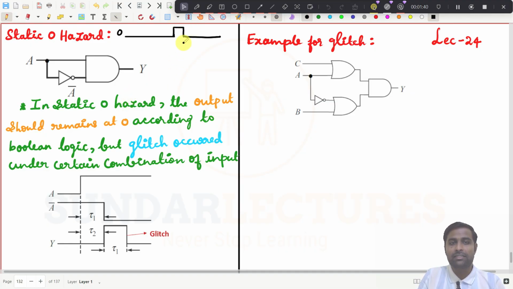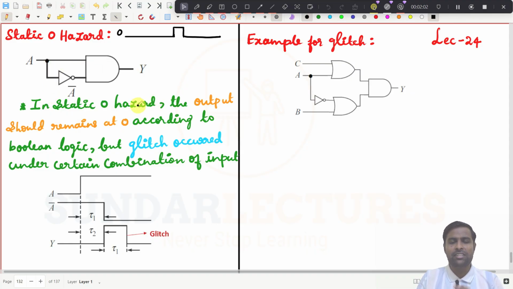This unwanted positive glitch happening at the output of the logic circuit is what we take as static 0 hazard. The desired output is 0, and if the output goes to 1 for a moment and then comes to 0 again, then we call it a static 0 hazard, and we need to eliminate this.